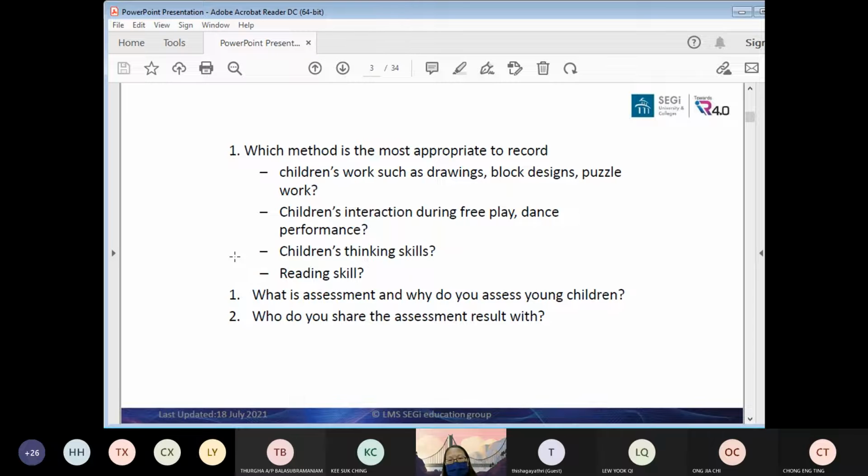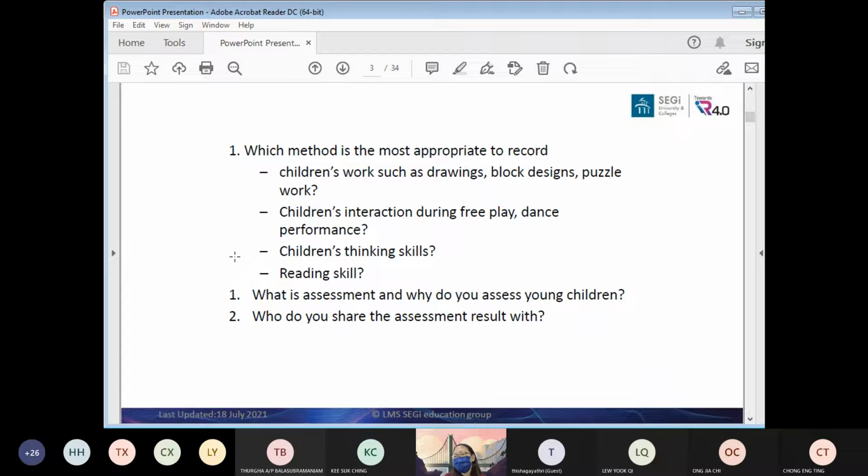So now, which method is the most appropriate to record children's work, such as drawings, blocks, puzzle work, children's interaction during free play, dance performance, children's thinking skill, reading skill? What kind of method would you use for all this? Questions may ask you, I give you a scenario about this child, what happened to him or what happened after and what did he do.